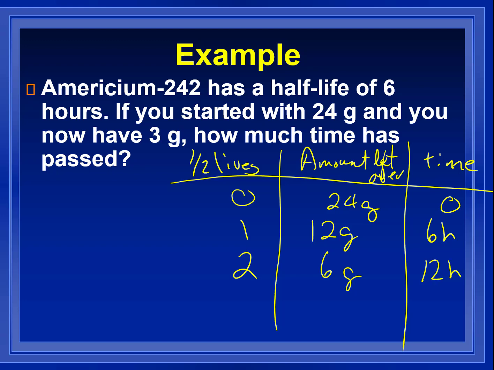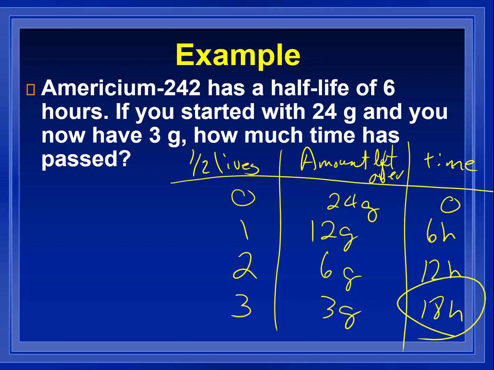Am I at what they asked me for? No. Third half-life. 3 grams. 18 hours. Am I at what they asked me to stop? Yeah, so the answer is 18 hours. So the table is showing your work. Does that make sense?